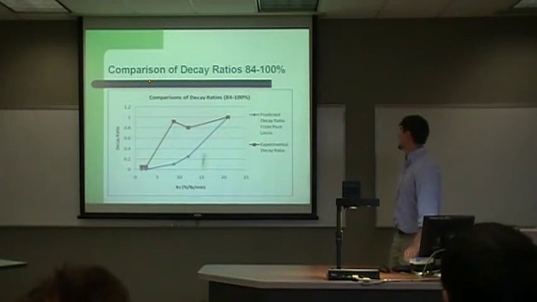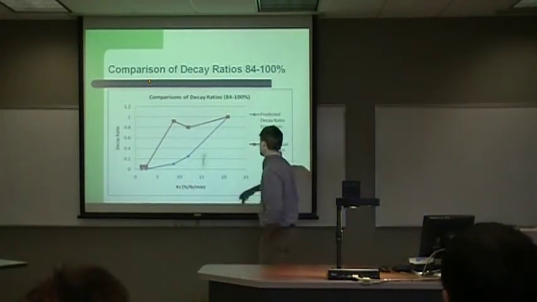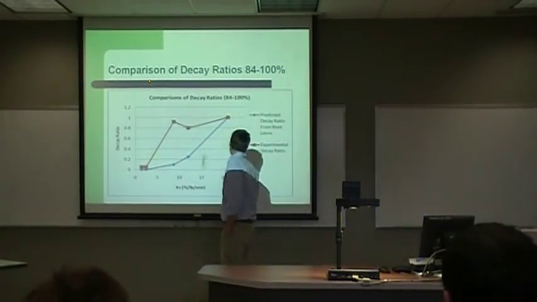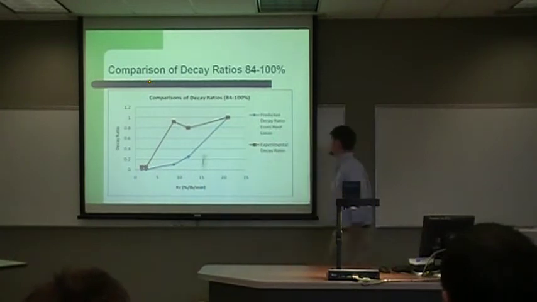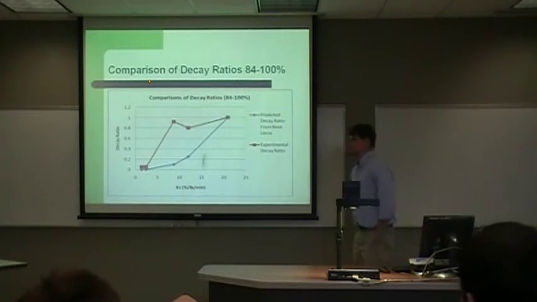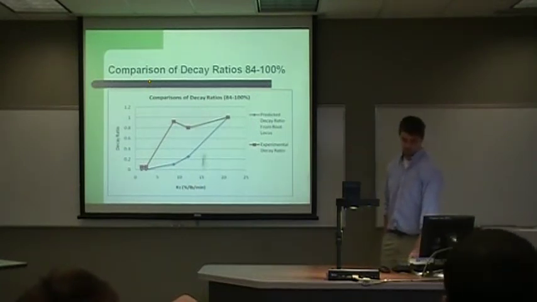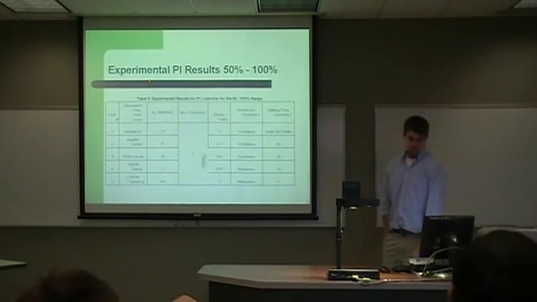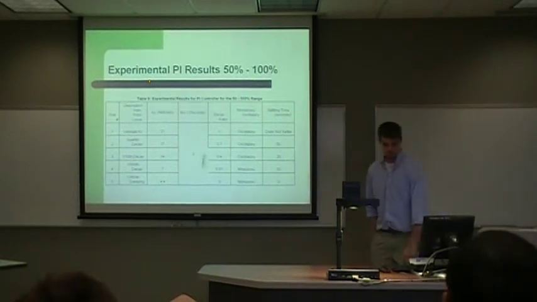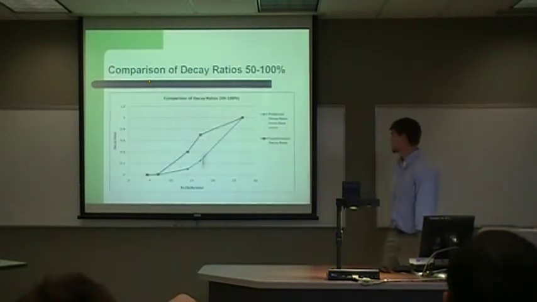Here you can see this value is, I think, your quarter decay, and it's off. That range didn't work out quite well, but it still shows the same trend where your experimental ratio is higher than your predicted ratio. And here's the whole range. Probably going to be the same: experimental higher than predicted.